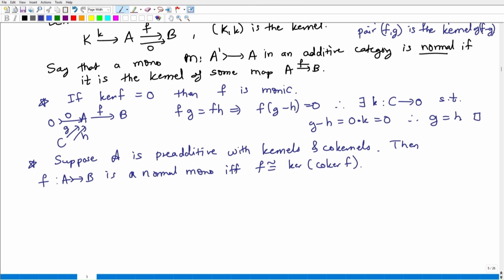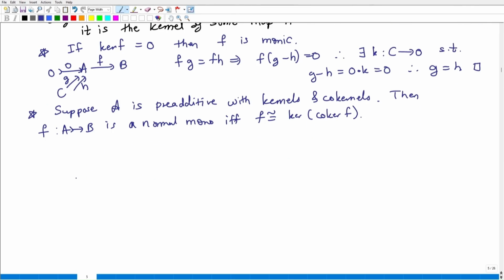There is an isomorphism from A to the domain of the kernel of the co-kernel. In simple words, they are isomorphic as subobjects. You know subobjects, subobject posets, preorders, we have seen that.